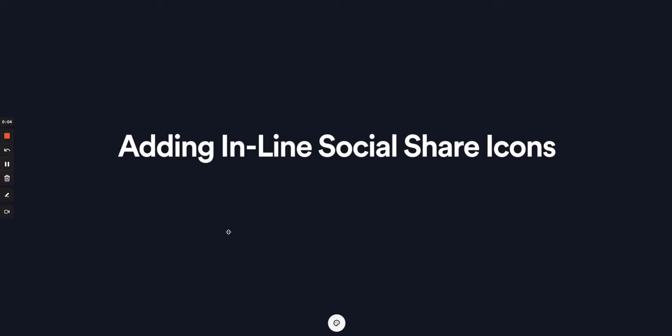In this video, we're going to cover how to add inline social share icons to your Beehiiv publication. Now, a little bit of background. You may have seen in some newsletters, like we'll cover in a second, newsletters that share previews or summaries of an article and then ask the reader to click to read more.